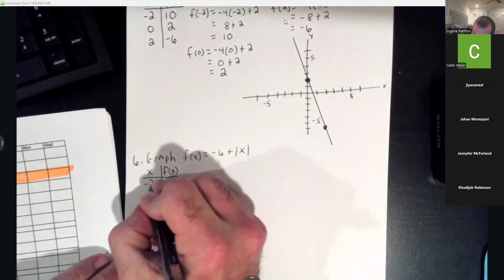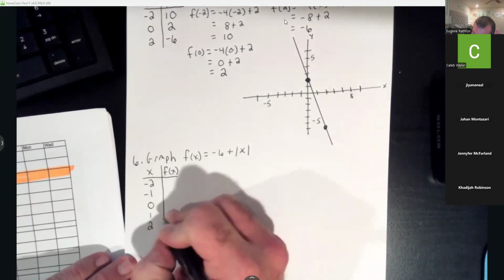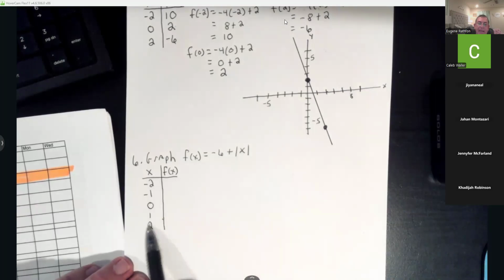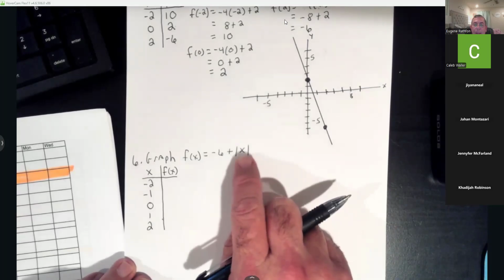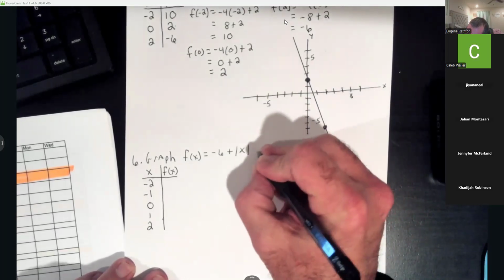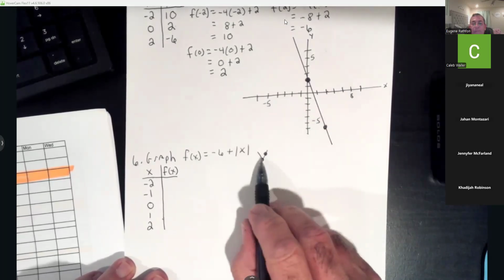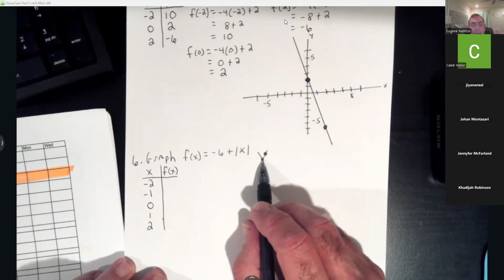They're giving me -2, -1, 0, 1, and 2. I think every one I've done has the same 5 numbers you got to find on this one, okay? Now, absolute value. It's going to be the V-shaped absolute value tool.